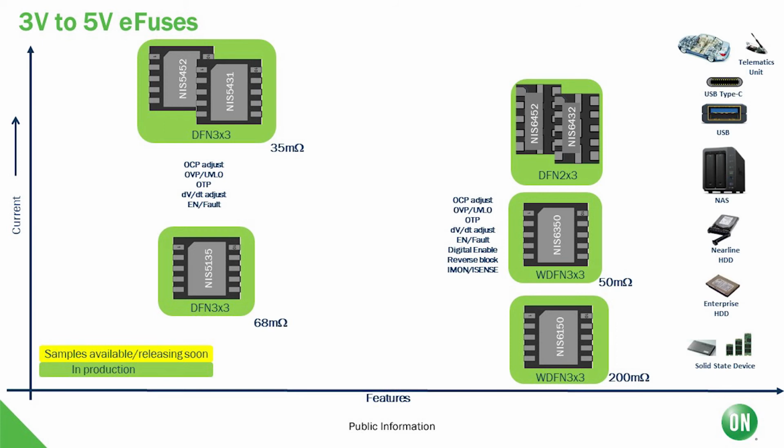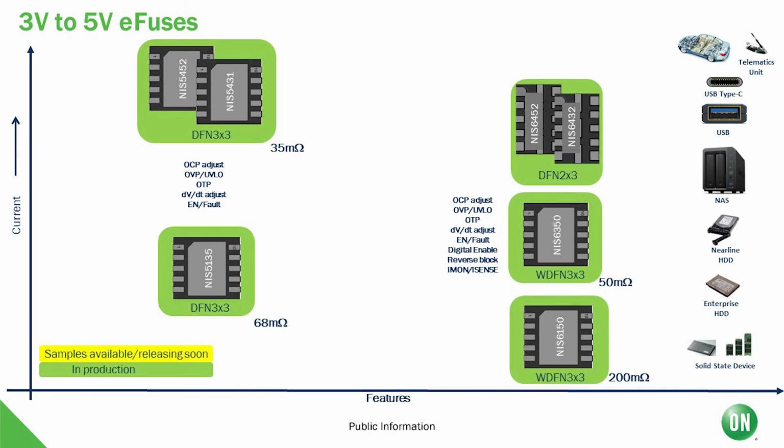Looking at this chart, the y-axis shows the current handling capability, and the x-axis shows the complexity of the features. You'll see that our legacy products on the left-hand side had the standard feature set with lower current handling capability, and as we have built up the business, we have started releasing higher current devices as well as more complex devices.